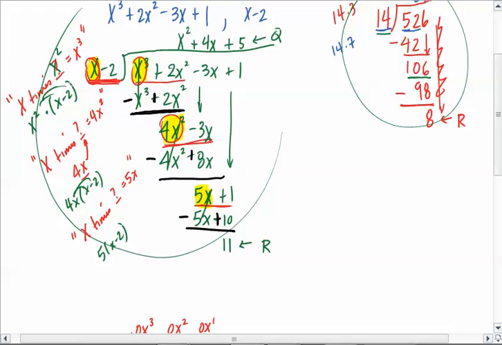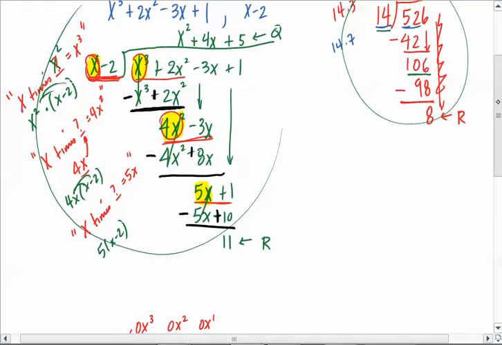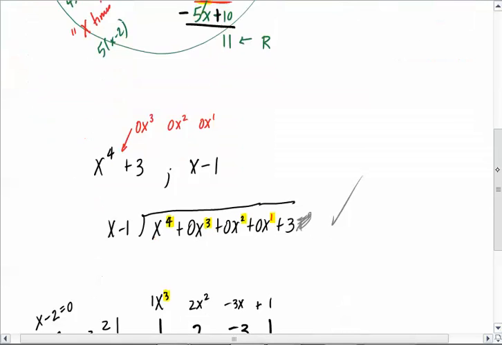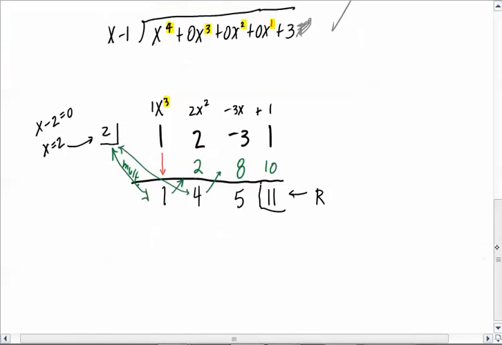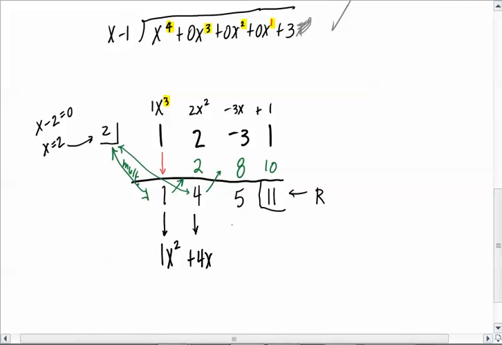We've divided out one of the x's, so the quotient has dropped 1 from the original, meaning we have 1x squared plus 4x plus 5, and that is our quotient.